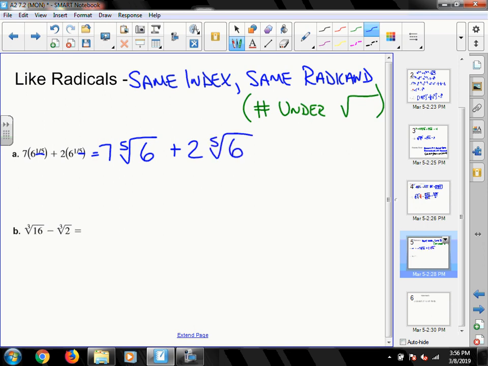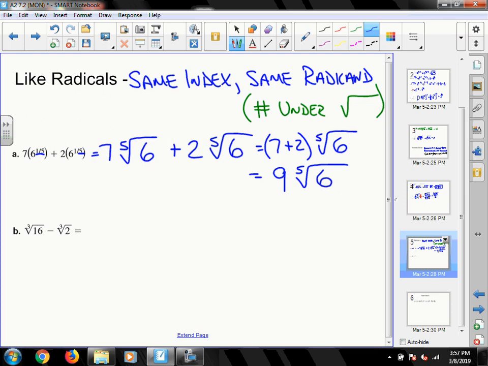You can think of the fifth root of 6 as like your x's or whatever. It's really just counting how many fifth roots of 6 you have. So you're going to take 7 plus 2 times the fifth root of 6, and you're going to get 9 fifth root of 6. So really just collecting your like terms like you guys have been doing for a while.